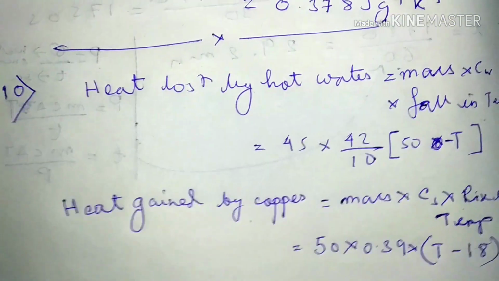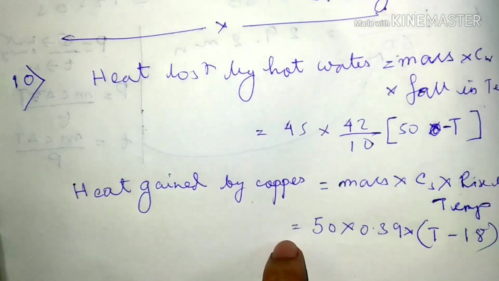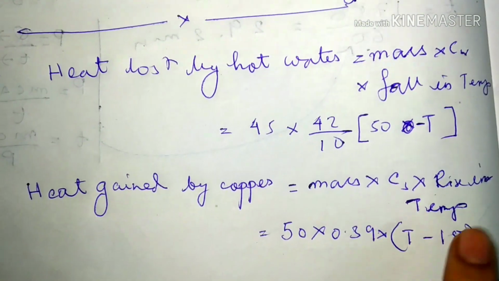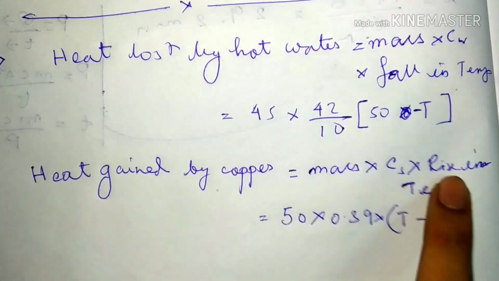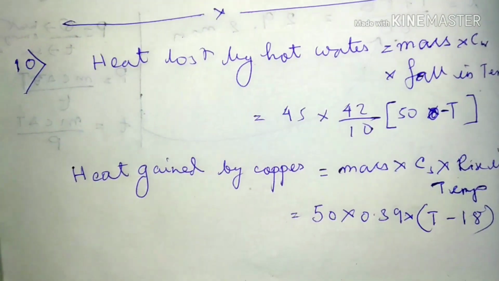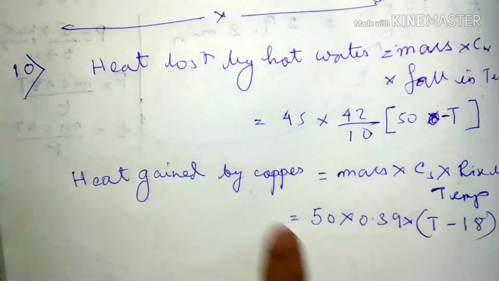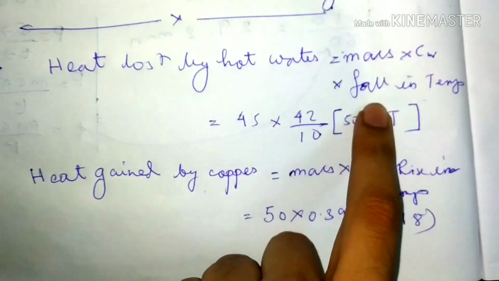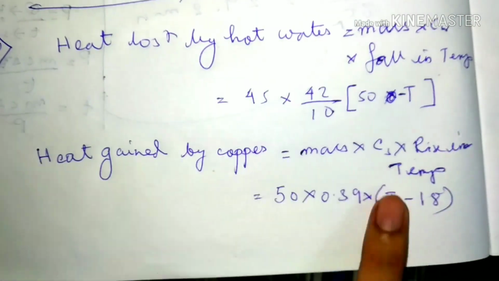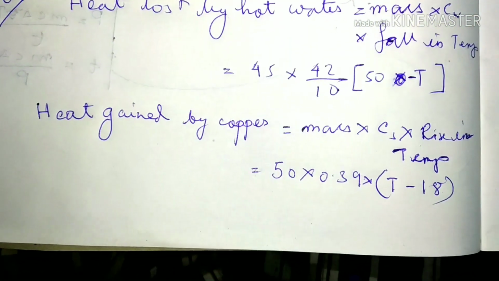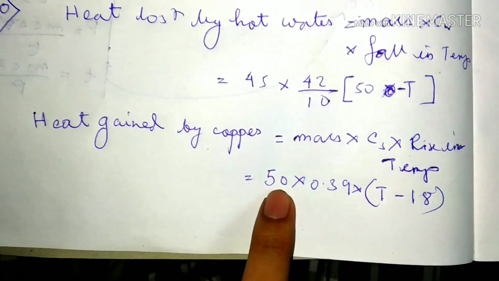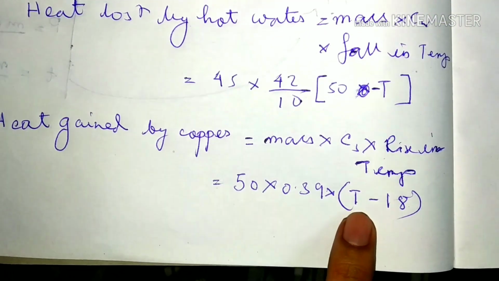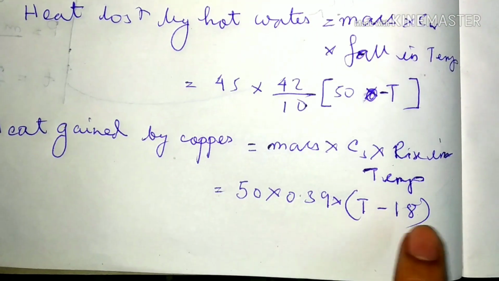Heat gained by copper is equal to mass into specific heat capacity of copper into rise in temperature. As you all know, the water was hot and we are adding the copper, so there will be a fall in temperature for the water and a rise in temperature for the copper. So 50, the mass of copper, into 0.39, the specific heat capacity of copper, bracket T minus 18.